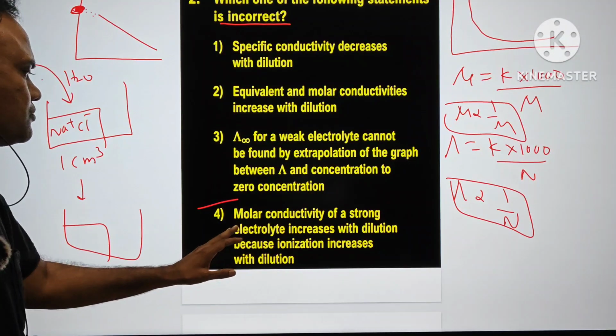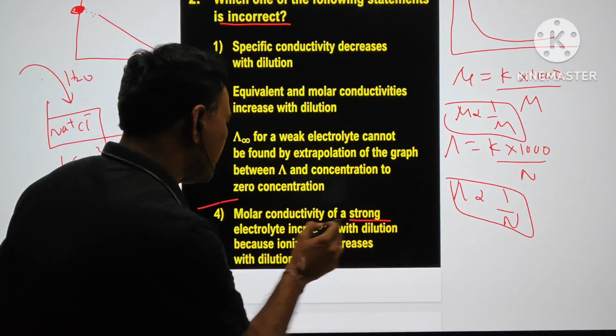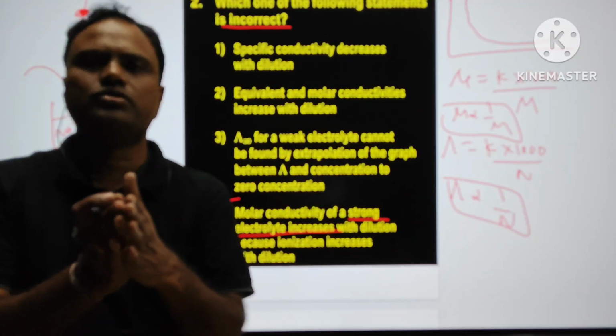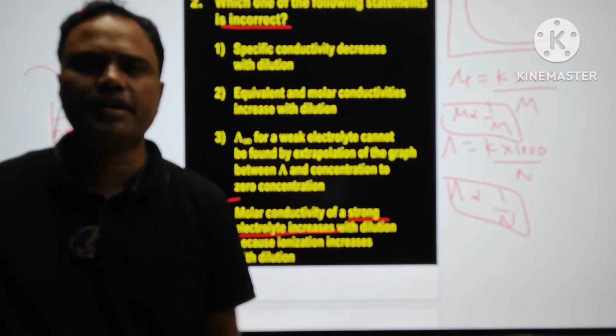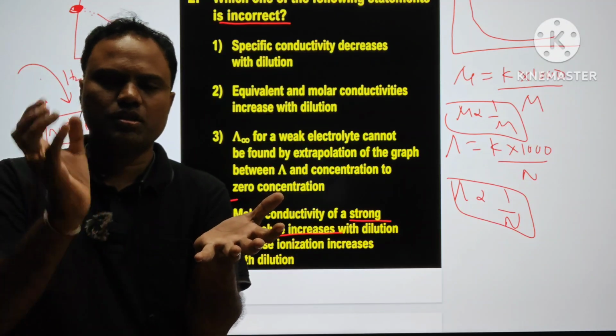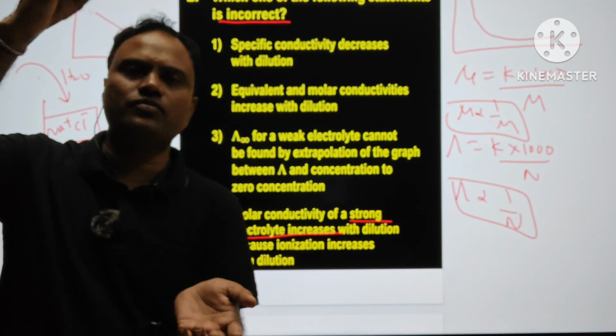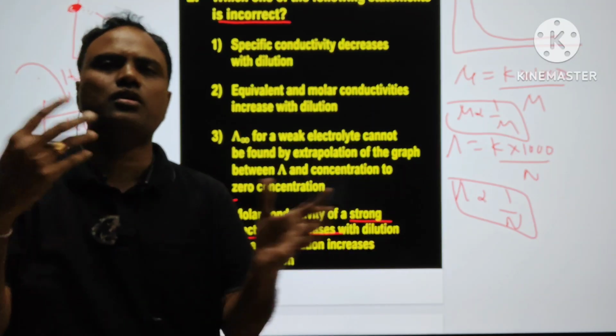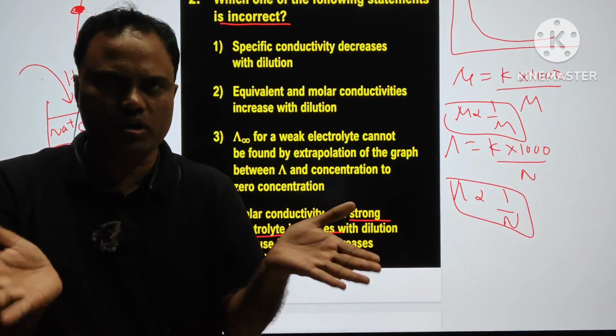See, strong electrolyte means it undergoes complete dissociation. For example, take a beaker, put some salt and add some water to it. If you add 500 ml water, all the salt undergoes dissociation because that is a strong electrolyte.